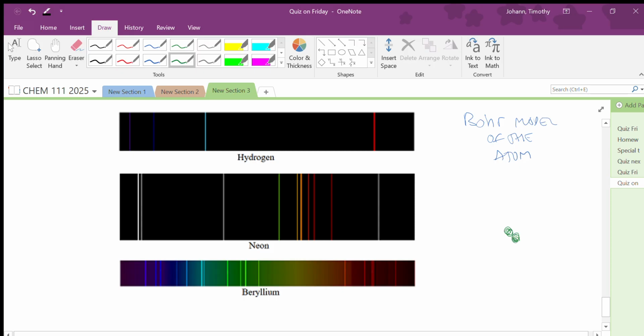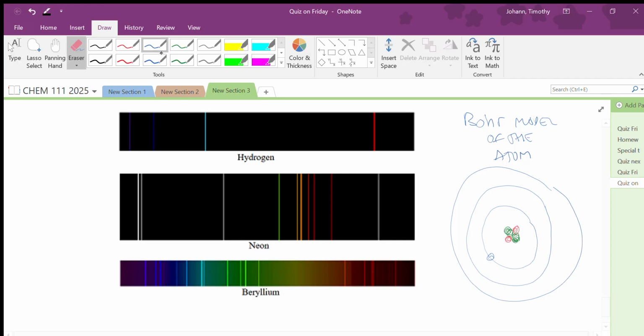So let's go back to our helium atom. It's got to have 2 protons, 2 neutrons in the middle. And if I misrepresent how far away these electrons are, essentially we're going to have 2 electrons in that lowest shell on the atom. Now, if I excite that Bohr atom, in the Bohr model, one of those electrons can get excited and jump up to a higher energy level, an orbit that's farther away.